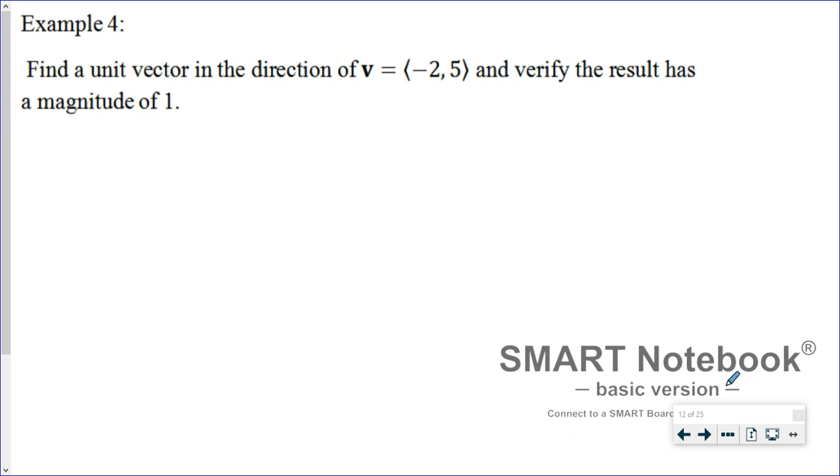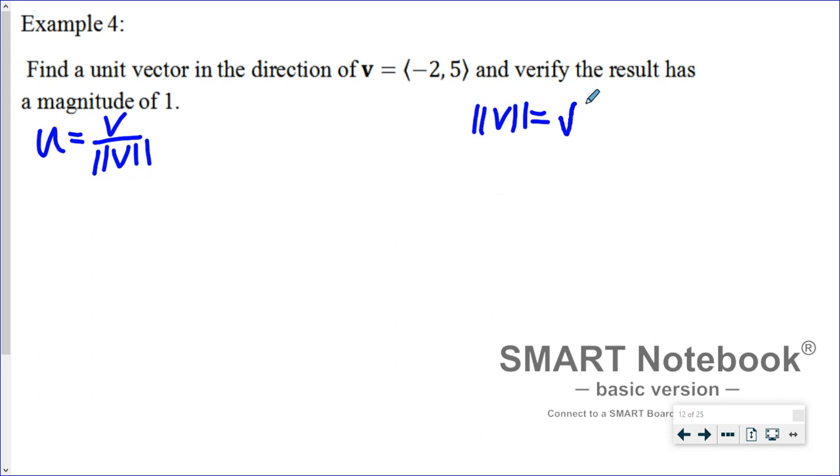So find a unit vector in the direction of v and verify the result has a magnitude of 1. We know that a unit vector u is simply equal to the vector divided by its own magnitude. First we're going to find the magnitude of v, which, remember, is just the length.